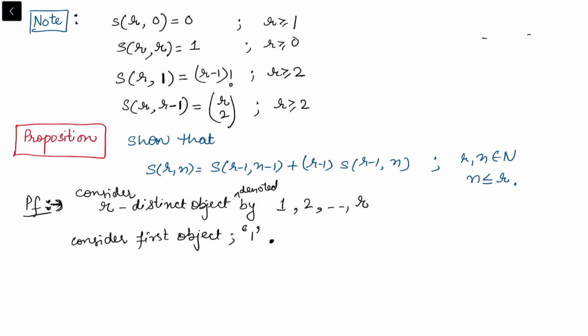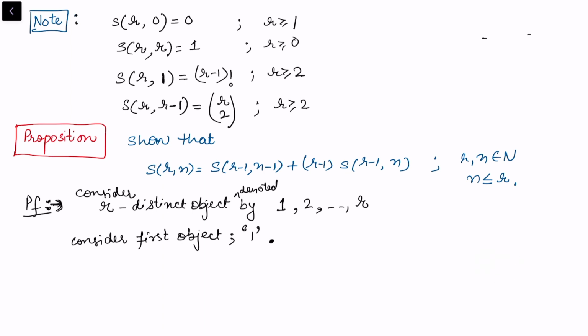Now in any arrangement, whenever we are arranging these objects on round tables, it is possible that the first object is available on this table, or on this table, or anywhere else. So we may have either the first object alone in a circle, or the first object not alone on a particular circle. We will divide this into two disjoint classes.